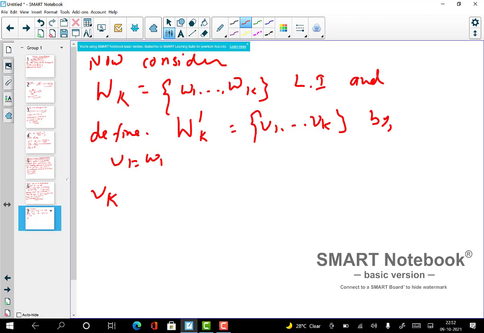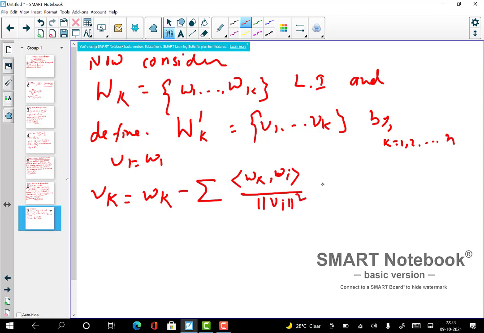So for any k, so k equal to 1, 2, whatever n. Okay, and for any k you define Vk by Wk minus the inner product of Wk and Vi divided by norm of Vi square into Vi, with i equal to 1 to k minus 1, because till k minus 1 we know, and then we define for k.